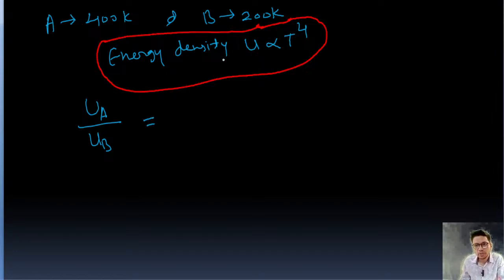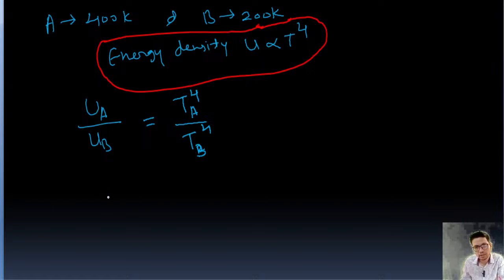UA upon UB equal to T1 to the power 4 upon T2 to the power 4, where UA is the energy density of black body A, UB is the energy density of black body B, T1 is the temperature of black body A, and T2 is the temperature of black body B, or we can write TA, TB.